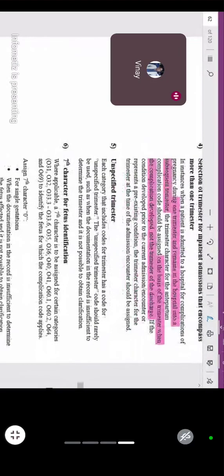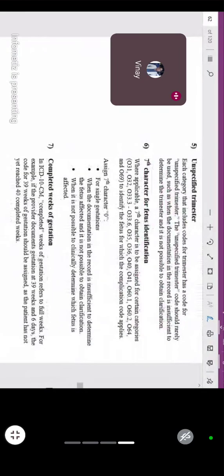Then a few codes have a seventh character which talks about the fetus complication. Okay, this is for the fetus. The code ranges here are 31, 32, 33, 35, 36, 40, 41, 60, 64, 69. These are some code ranges.